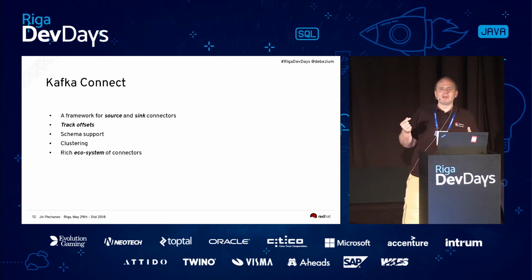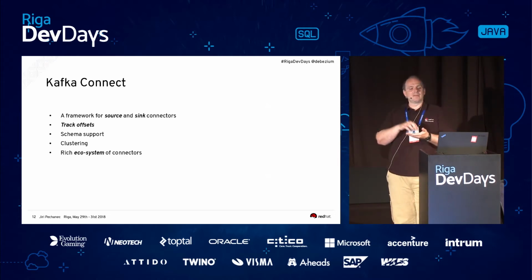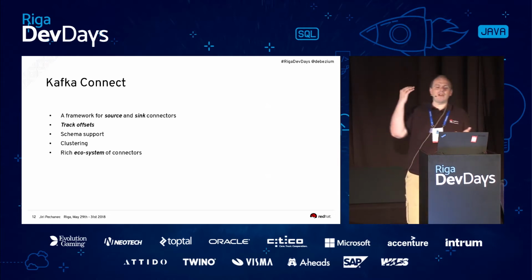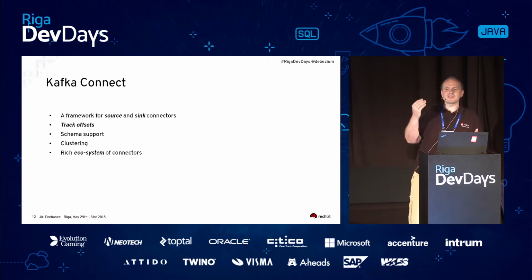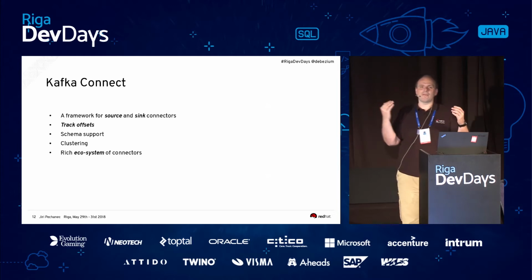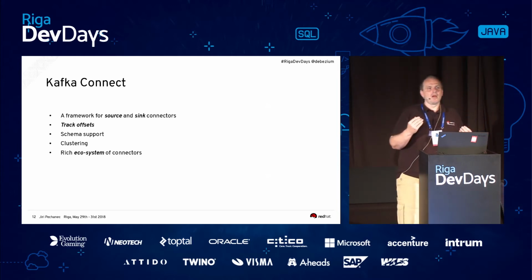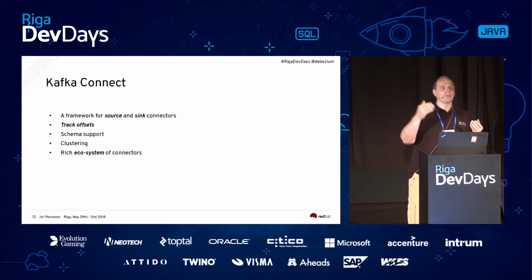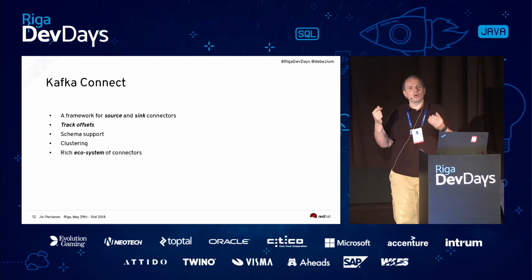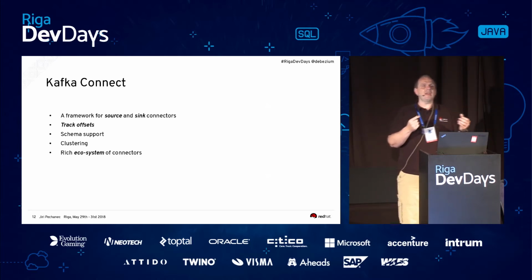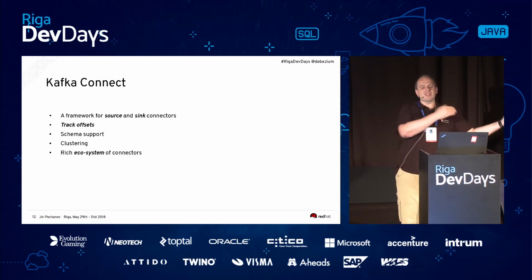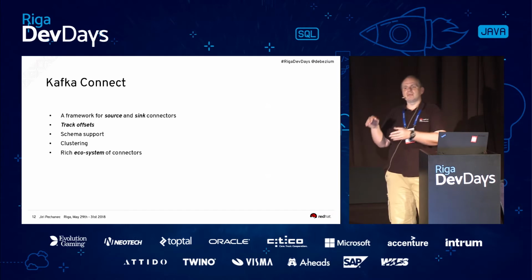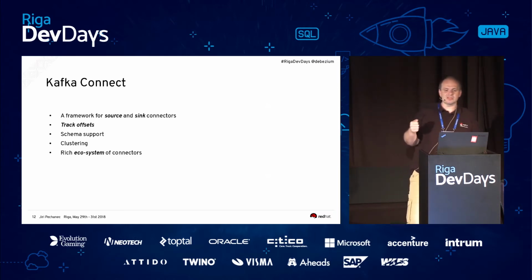How do we develop the reader? Kafka has a framework called Kafka Connect that serves as a basis, as a runtime, for a developer to develop connectors that either read data from outside sources and write them to Kafka. These are source connectors.